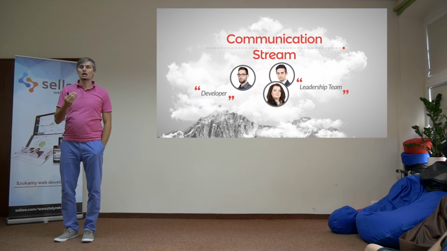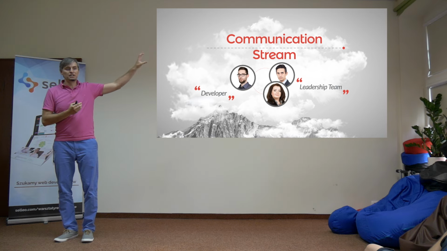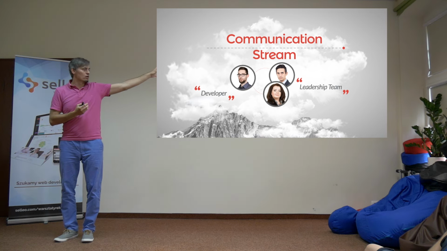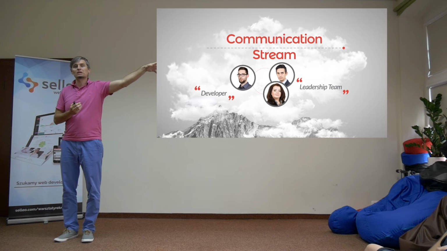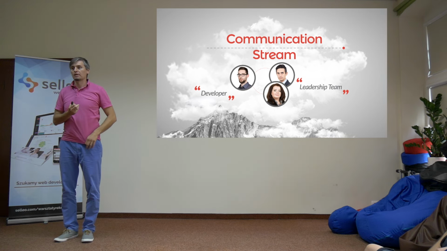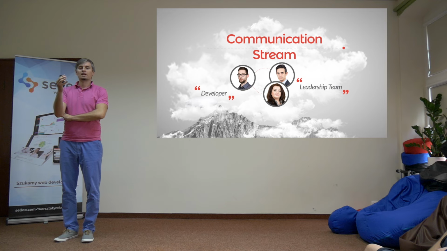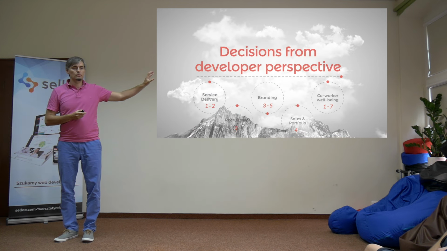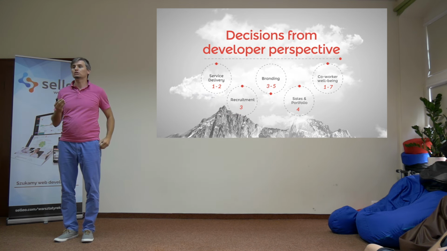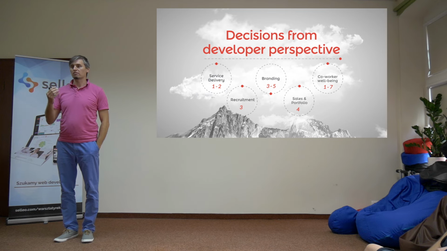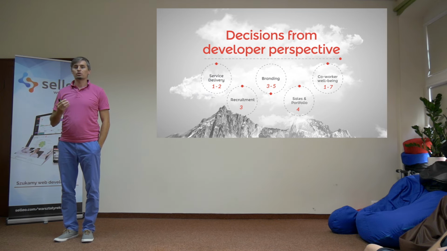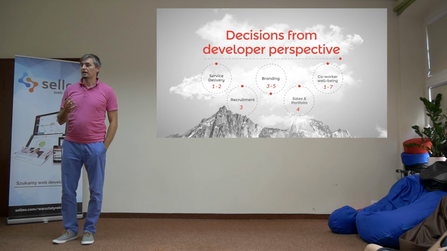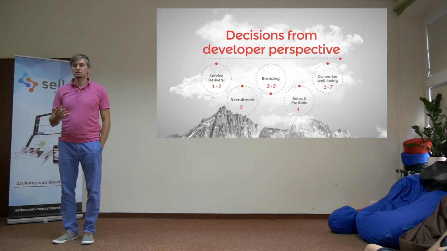The structure then looks like this: we have the developer and the communication stream goes from the developer towards the leadership team. So in a given circle, if we take a look at our circles, there are numbers that correspond to the delegation level, but from the developer perspective. So let's suppose that you are all working at Selleo, you are developers.